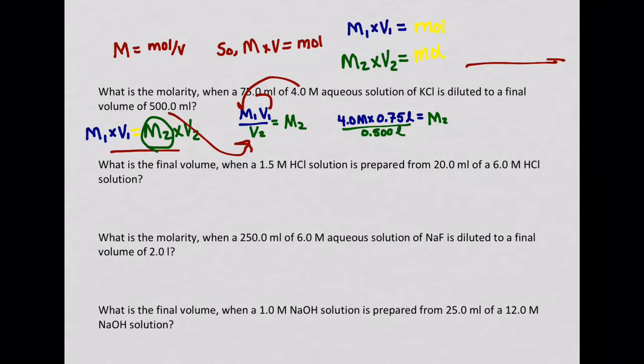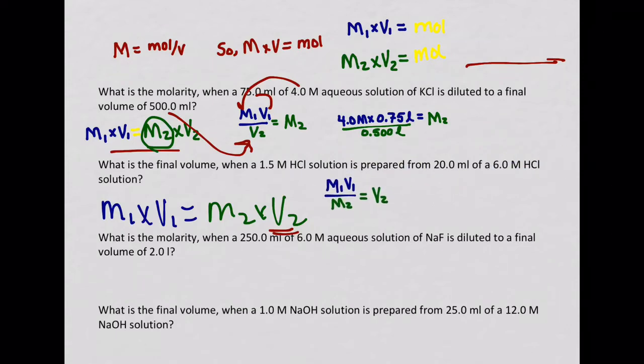So again, we would start out with M1 times V1 is equal to M2 times V2. In this case, we're looking for the final volume. If we rearrange that, this is the relationship that we need.